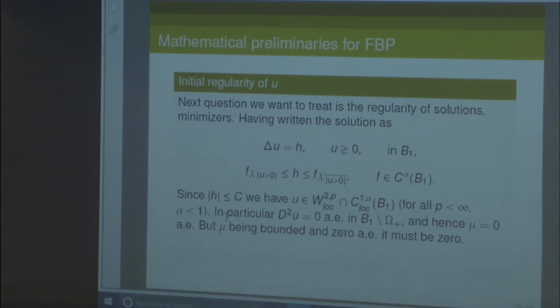Because if the measure has a support which is very small, in the sense of Lebesgue measure 0, then that measure has to be like a surface measure, or Dirac source, things like that.